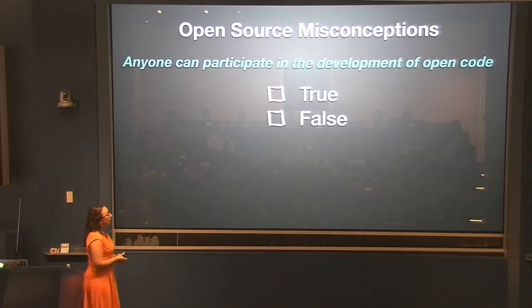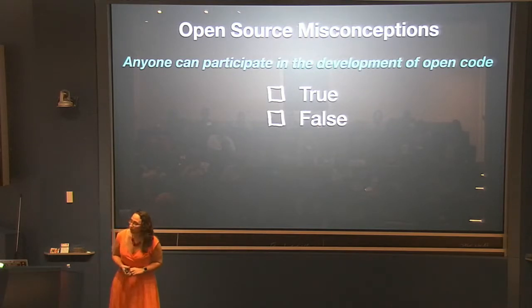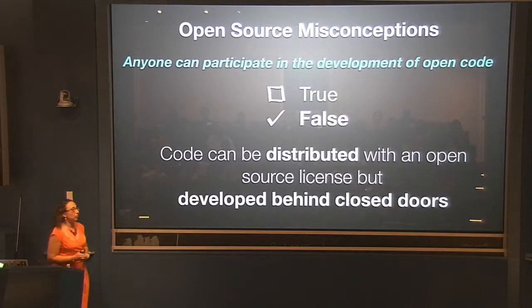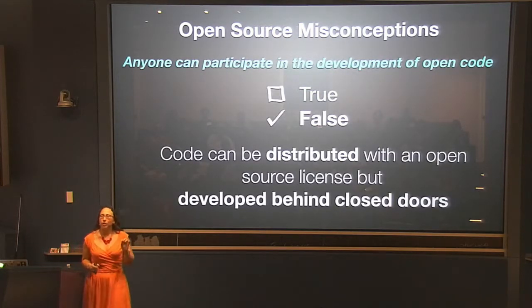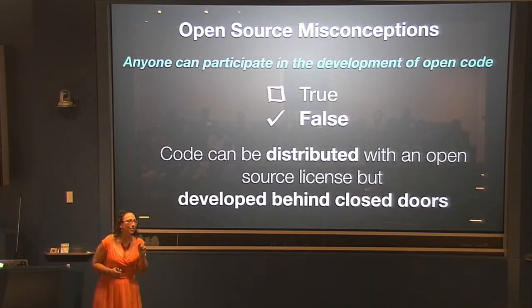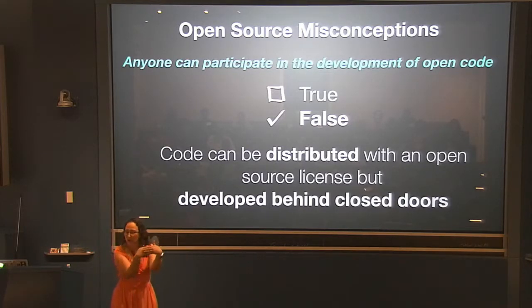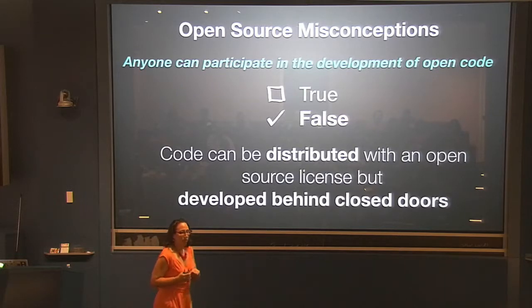Anyone can participate in the development of open code. False. There is a difference between open code and open development. You can, at home, not on the internet, write your code and then just distribute it with an open code license, but involve no one else in the development.